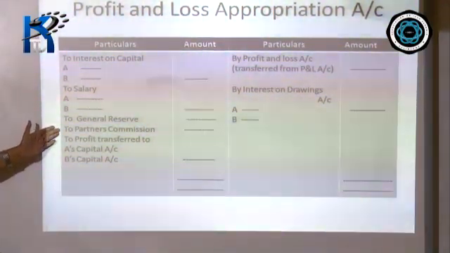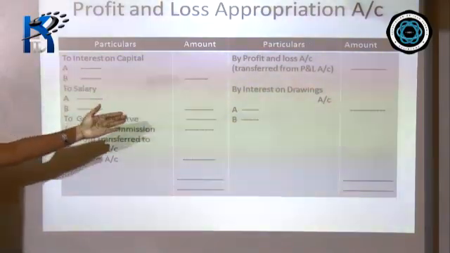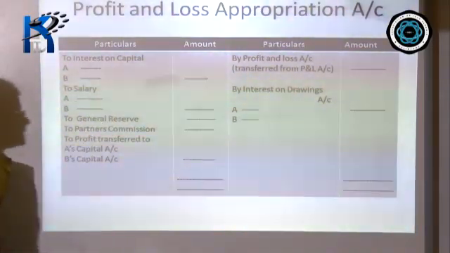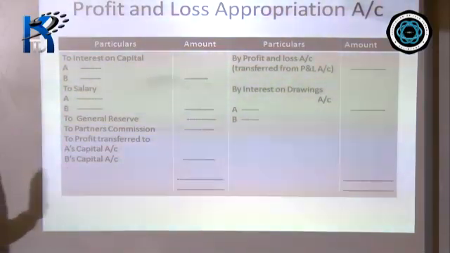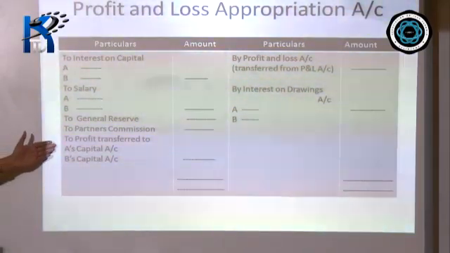Then, we give commission to the partners, we charge interest on drawings from the partners, and ultimately whatever is left is known as the residual profit, or the divisible profit. It is transferred to the partners' capital in the ratio of the profits which they have agreed to share. So this was regarding the P&L appropriation.